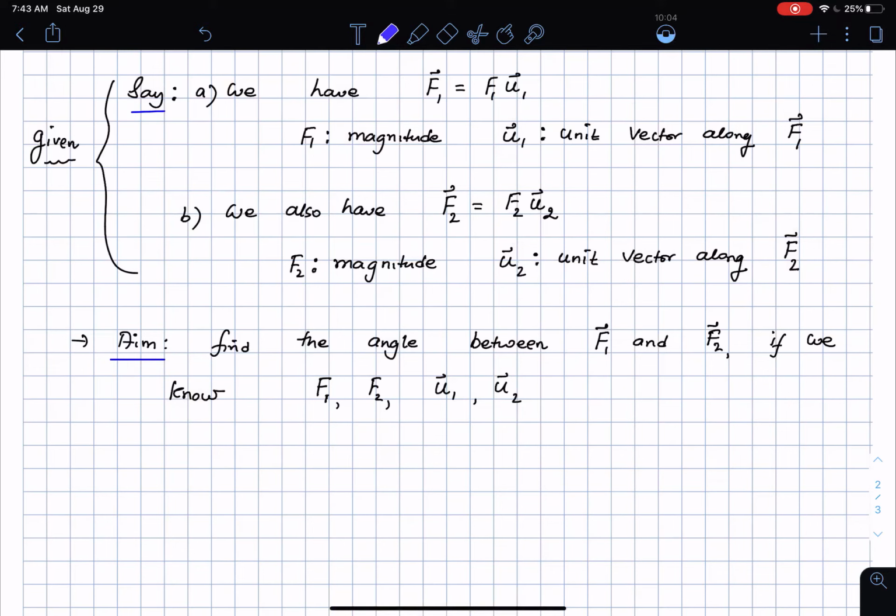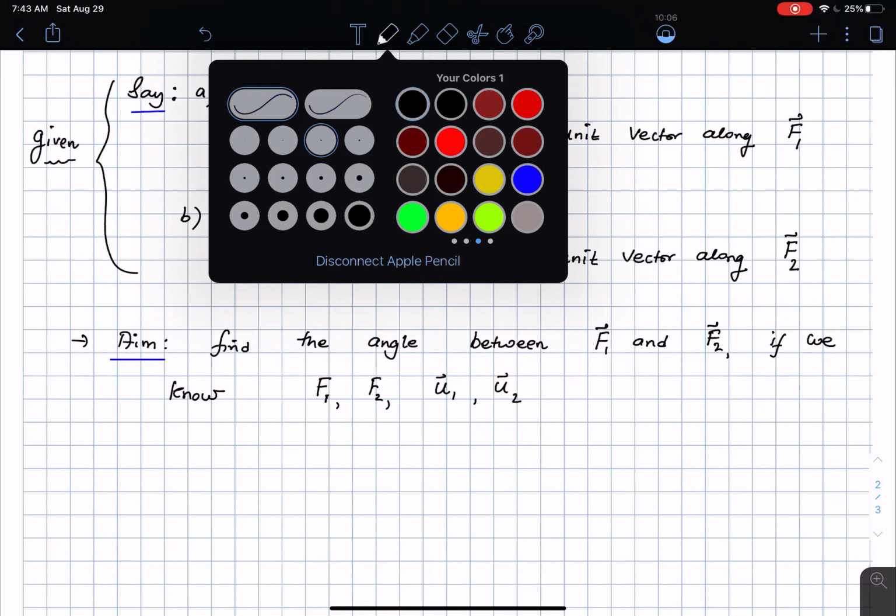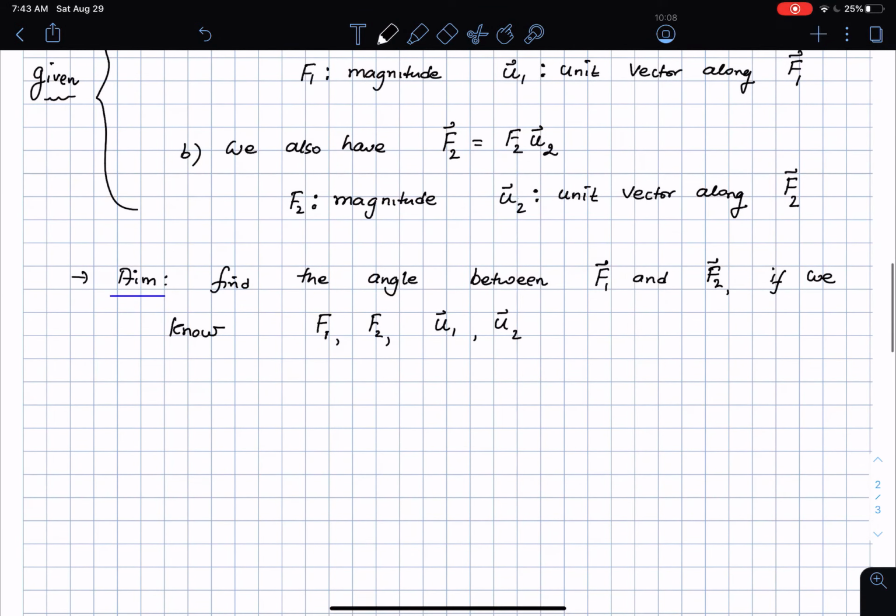And let me draw a very quick figure, fairly straightforward, right? I have this vector f1 here, let's say, then I have this vector f2 here, let's say. So this vector f1 is magnitude times the unit vector, this vector f2 is magnitude times the unit vector.